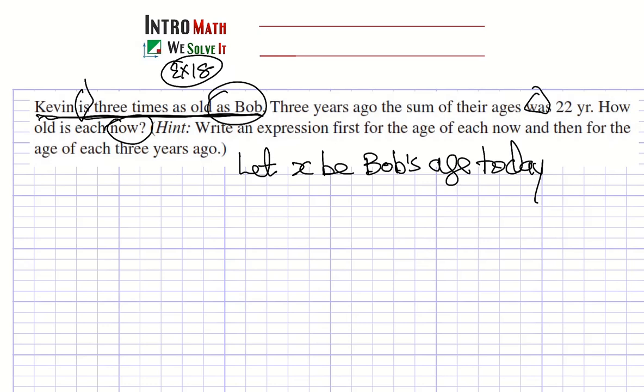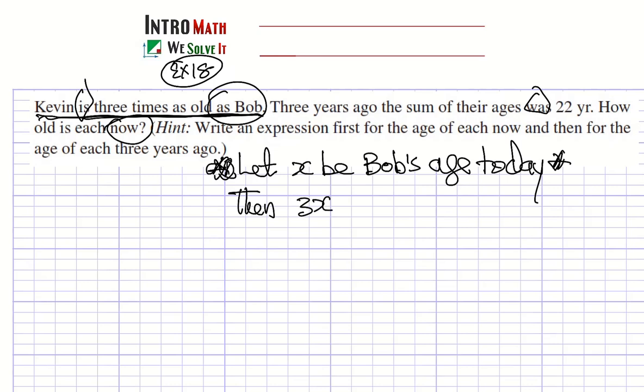Because they say Kevin is 3 times as old, if you suppose this statement we made here, then it means that Kevin is 3x currently.